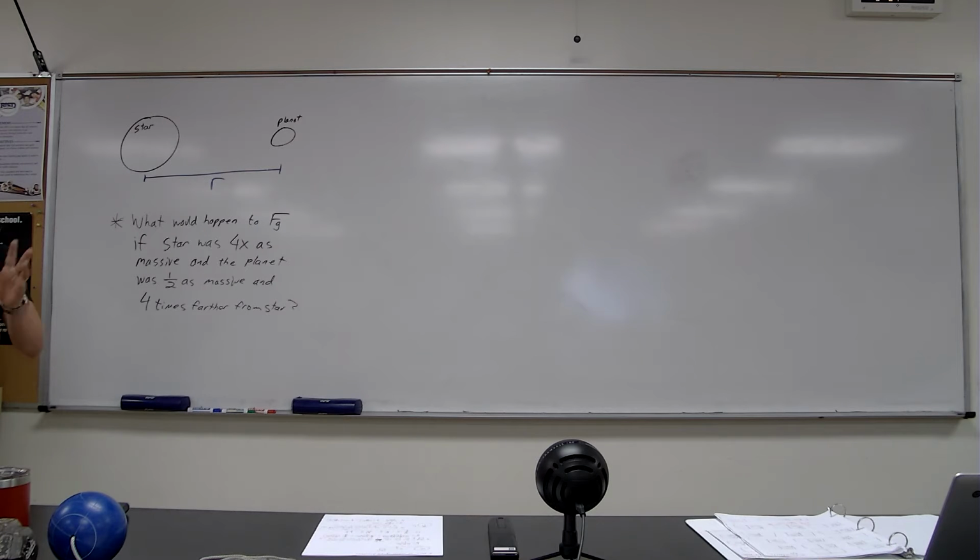This, some people can do in their heads, these types of problems, but it's a bit more complicated because now you're not just doubling what's in the denominator, or squaring what's in the denominator, right? Now we got a bunch of different things that are changing.